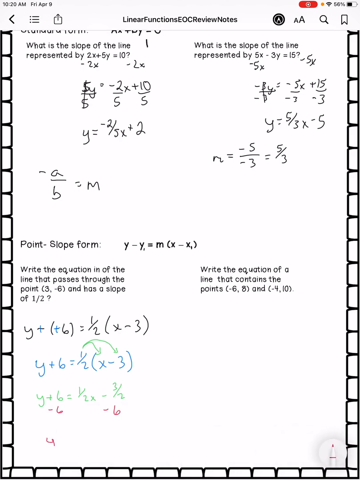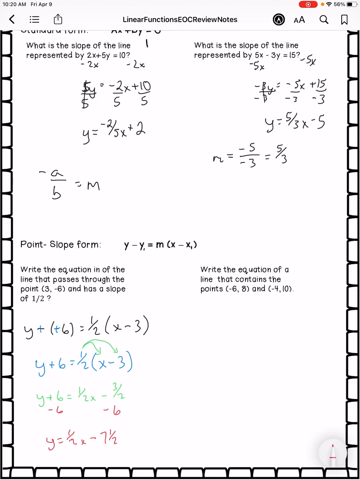So then y equals 1/2 x minus, and then I would change that 6 to a proper fraction, or combine those together. Since they're both negative, I'm going to add them together. So that makes a negative 7/2. And so that would be my equation if I needed to change it to slope-intercept. So I'm going to distribute, and then I'm going to move the number that's added or subtracted from y.